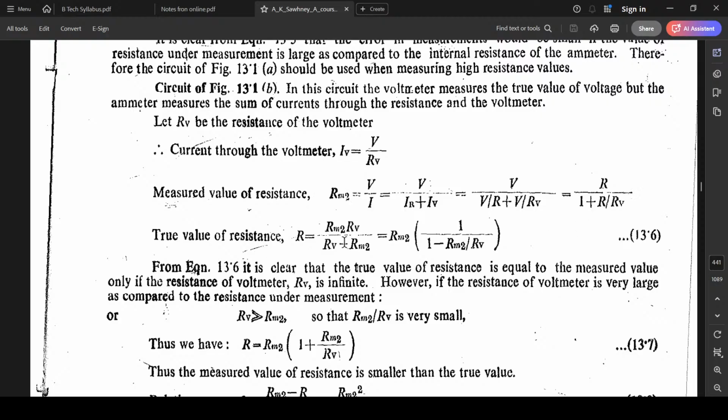So RM2 into RV plus, it should be plus now. Why is it not taking plus? RM2 into plus RR2 upon RV. What happened here? R equals to multiplication of this. How did it get here?